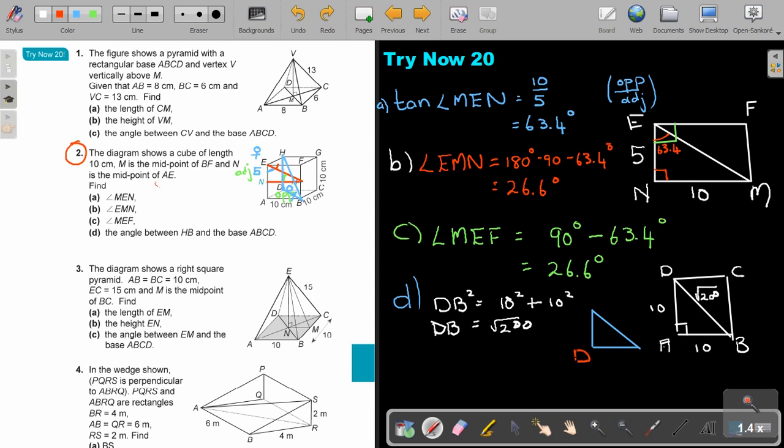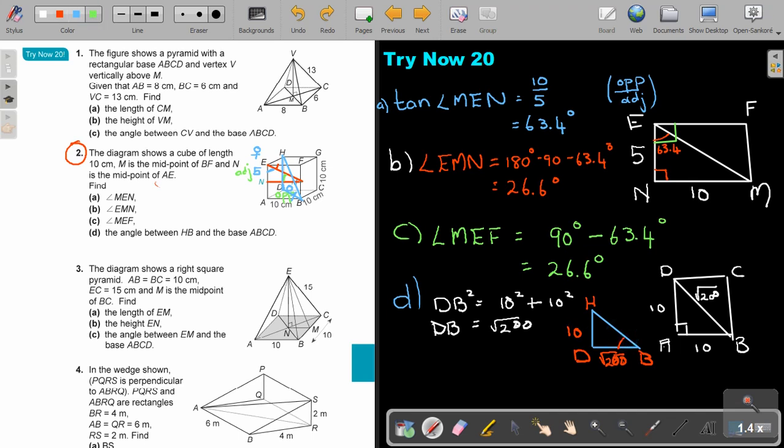That is going to be D, that is going to be H, and that's going to be B. So DB is that one, square root 200. And now what do I also have? I have HD is 10. And I must find the angle between HB and the plane, so that angle.